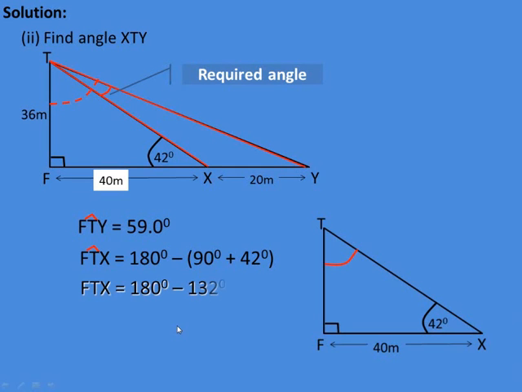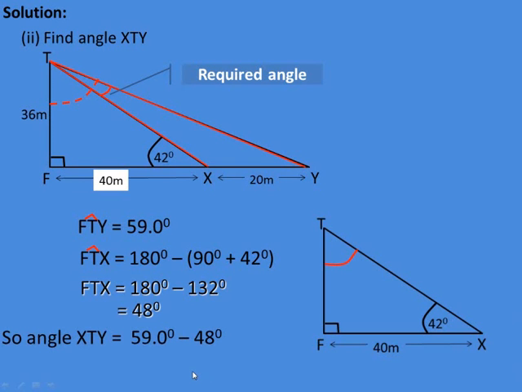That would be 180 degrees minus 132 degrees, which leaves us with 48 degrees. So angle FTX is equal to 48 degrees.